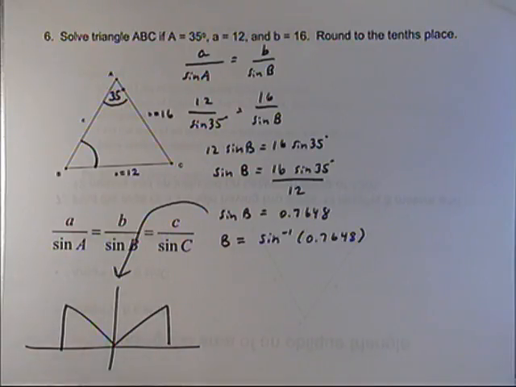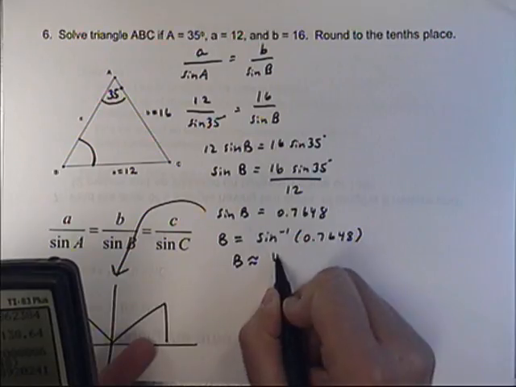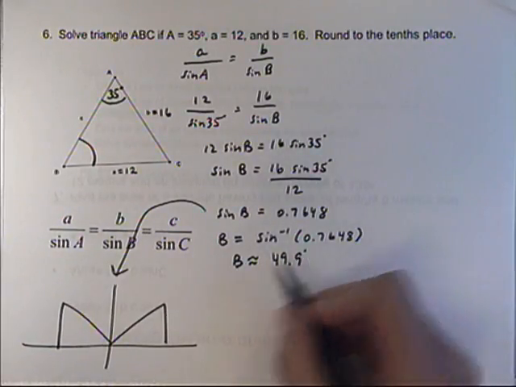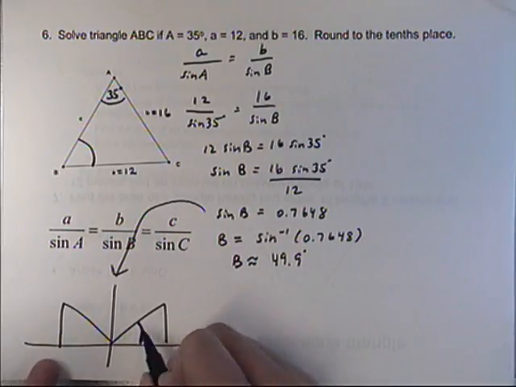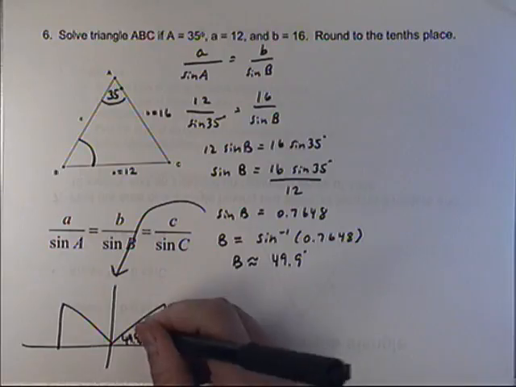So sine inverse of 0.7648 is angle B in the first quadrant, 49.9, let's say. So this distance here is 49.9 degrees.